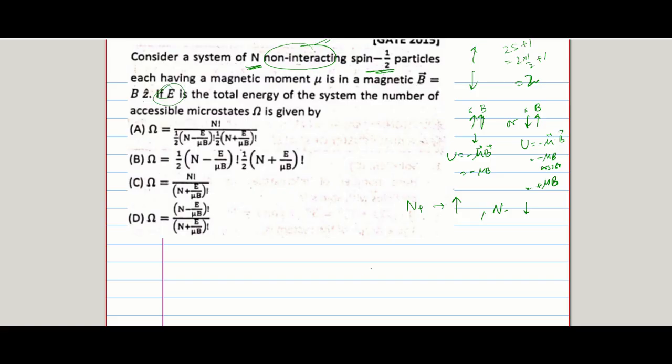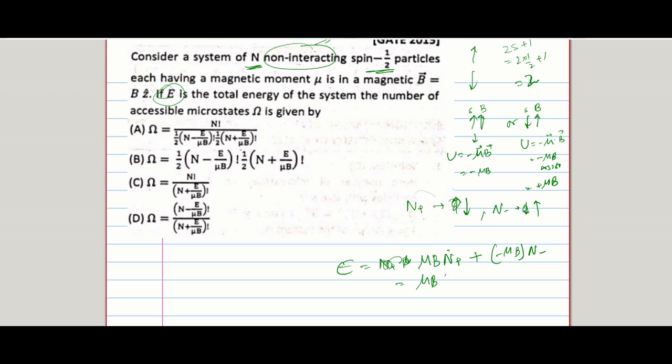It's the total energy. So E is, let's say N plus is spin down, just for easy calculations. So E is mu B N plus, since N plus particles will have energy mu B, and minus mu B for N minus particles, N minus spins.